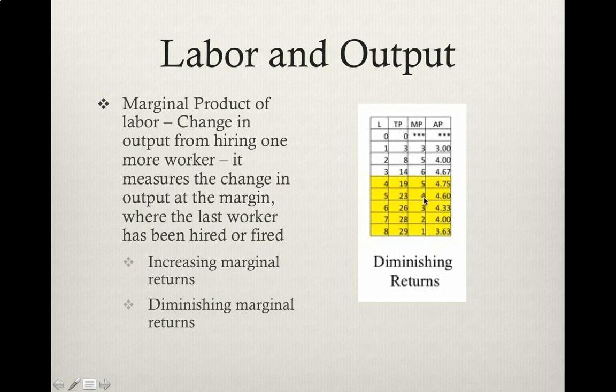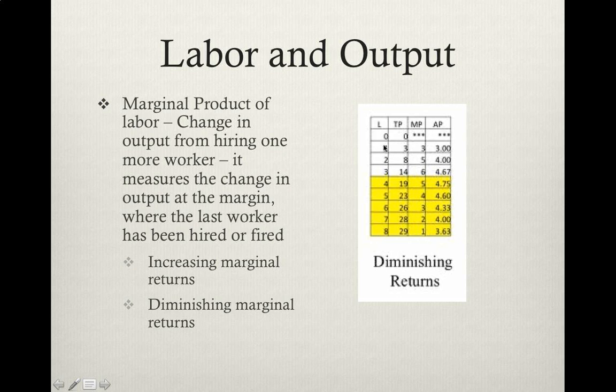This number is going down. Total product is going up, which means we're actually increasing, but by adding additional workers, they're not adding as much as the worker before them. Until eventually, if we added a 9th and a 10th and 11th worker, what that additional worker is adding might start to go negative.